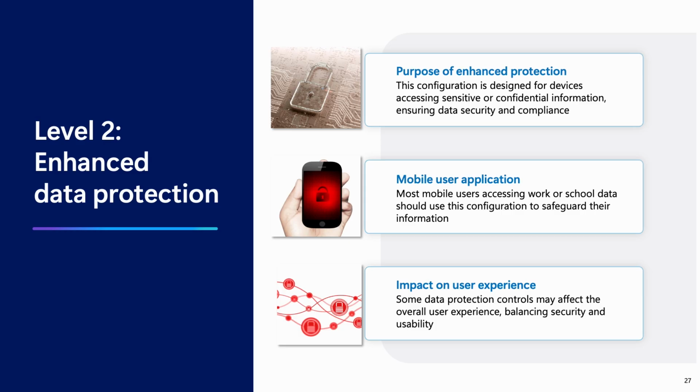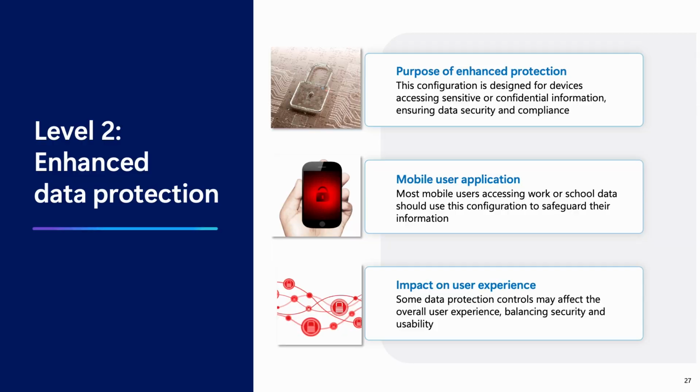But level 2 is all about enhancing what we have already built up. So while level 1 was deployed to the help desk, level 2 I'm going to deploy to my BYOD users. Those users that are constantly leaving my company, that are potentially using their own phones to access the data. I don't want to use level 1, but I want to enhance the overall protection of those applications.